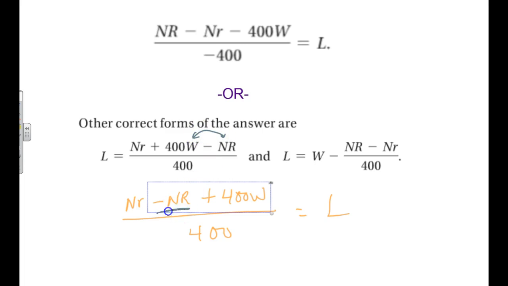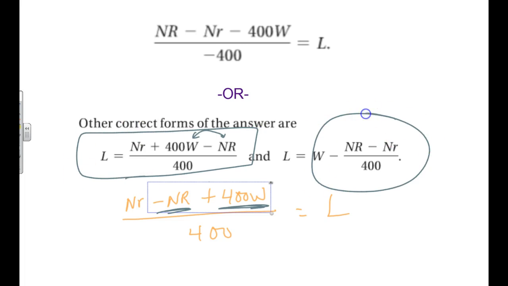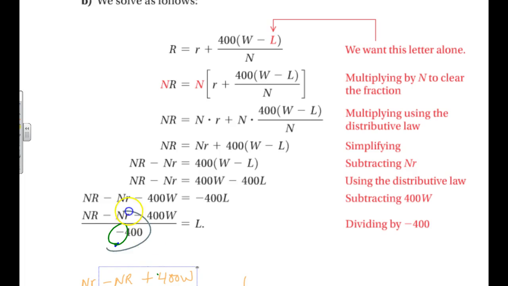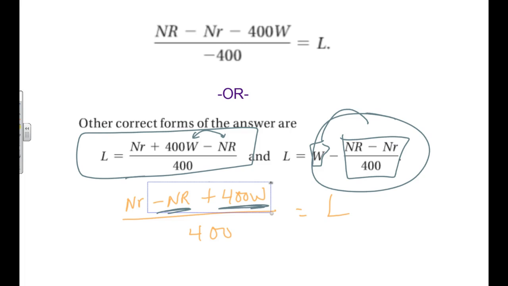So I put the negative NR first, followed by the 400, but I think it's this solution. And here they didn't, I'm not a big fan of this, because again, we've got a number minus another number, so I don't think this is simplified. You should subtract, and I'm not a big fan of a negative in the denominator, so I like this answer.